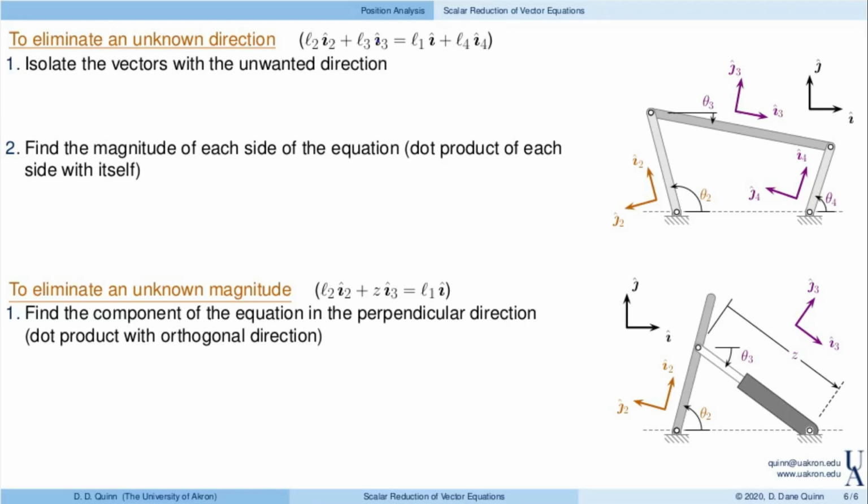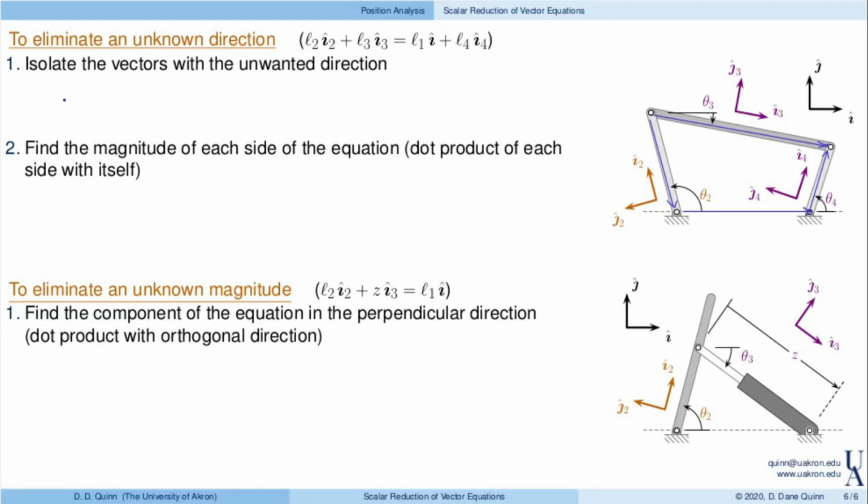So it's this term that I want to get rid of. Well, to do this, we want to isolate those unwanted directions. For example, here, this loop closure equation, L3 I3 is the thing I'd like to eliminate. So I'm going to write that in terms of the other equations. I might go from this point to this point and over and then back up.